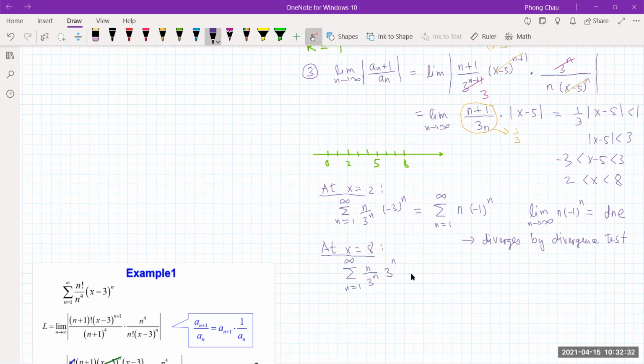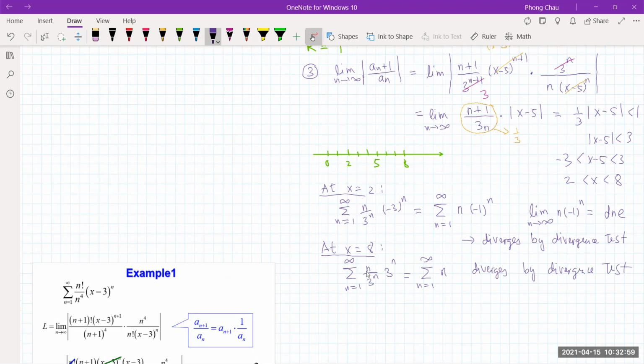You can cancel them, and that becomes just n. That one is easy enough to see. It diverges by the divergence test as well, because the limit of this term goes to infinity and is not equal to 0.